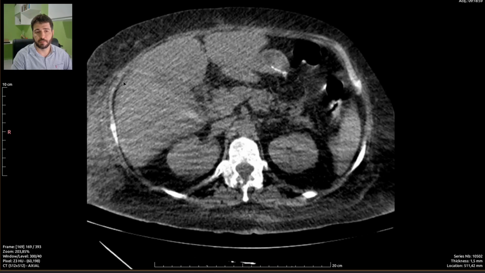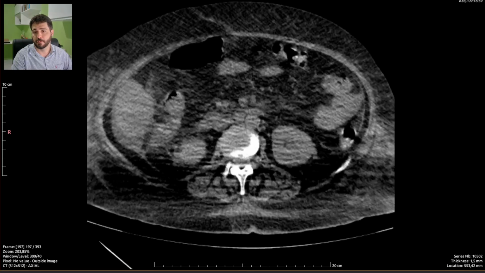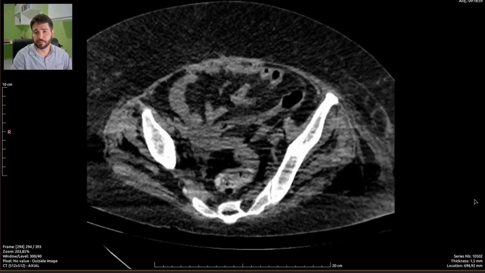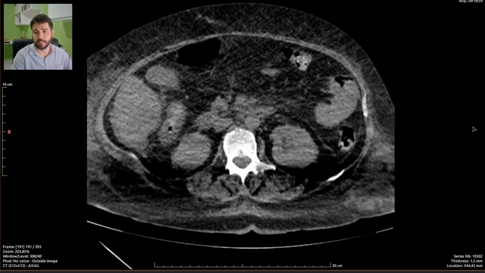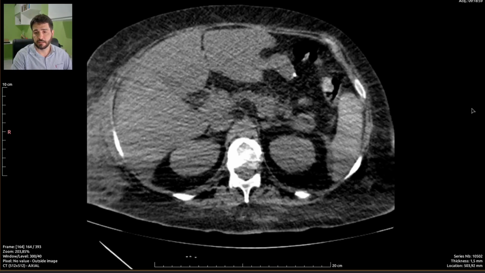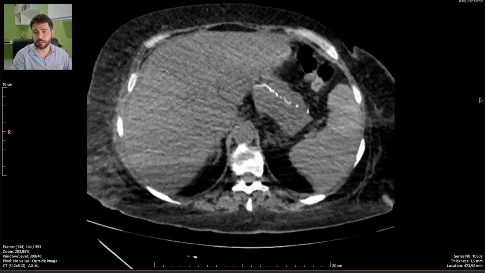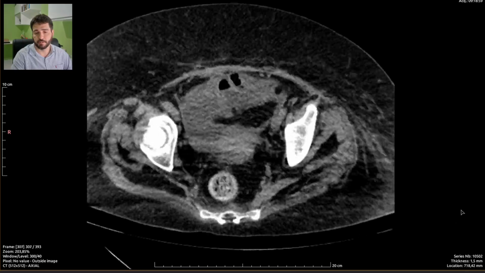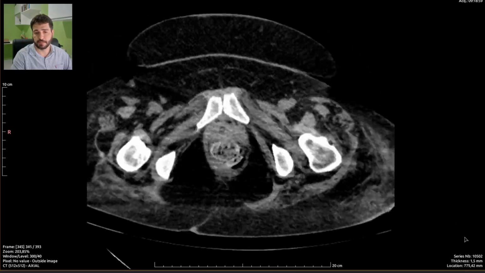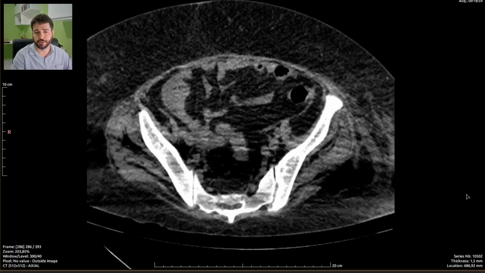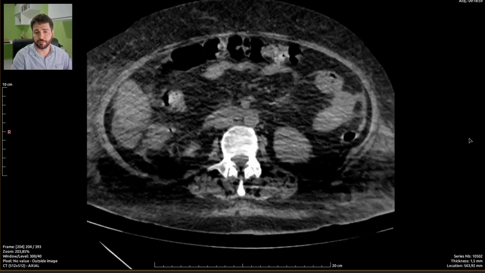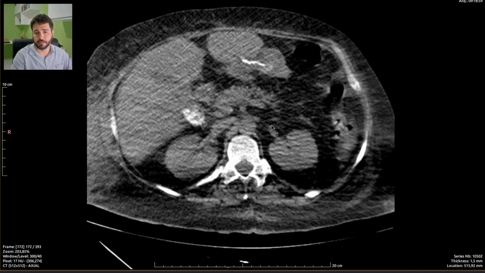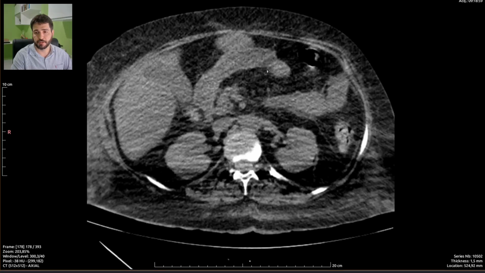There is some abdominal peritoneal effusion, some ascites. It's large because I can see it all over the abdomen from the upper quadrants to the lower quadrant. So it's a large ascites, a large peritoneal effusion. There are some calcifications.